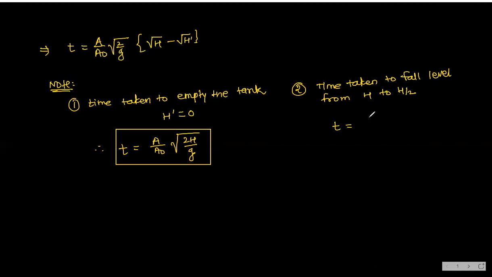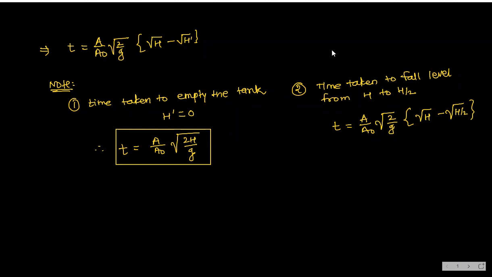T is equal to a by a naught under root 2 by g into bracket root of h minus root of h by 2. Yes, no? Clear? Understand? Yes, sir. Yes, sir.